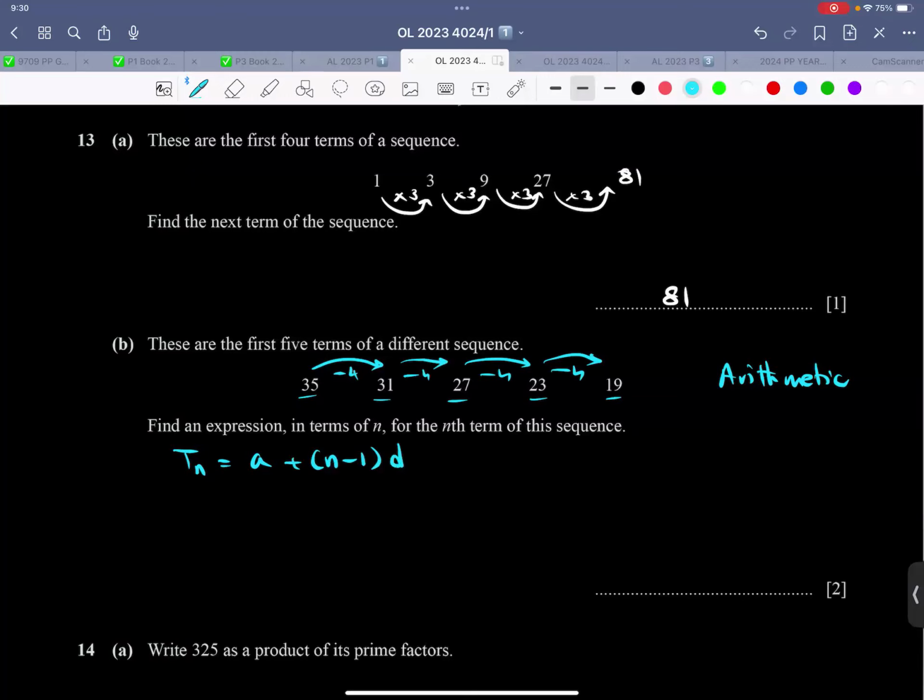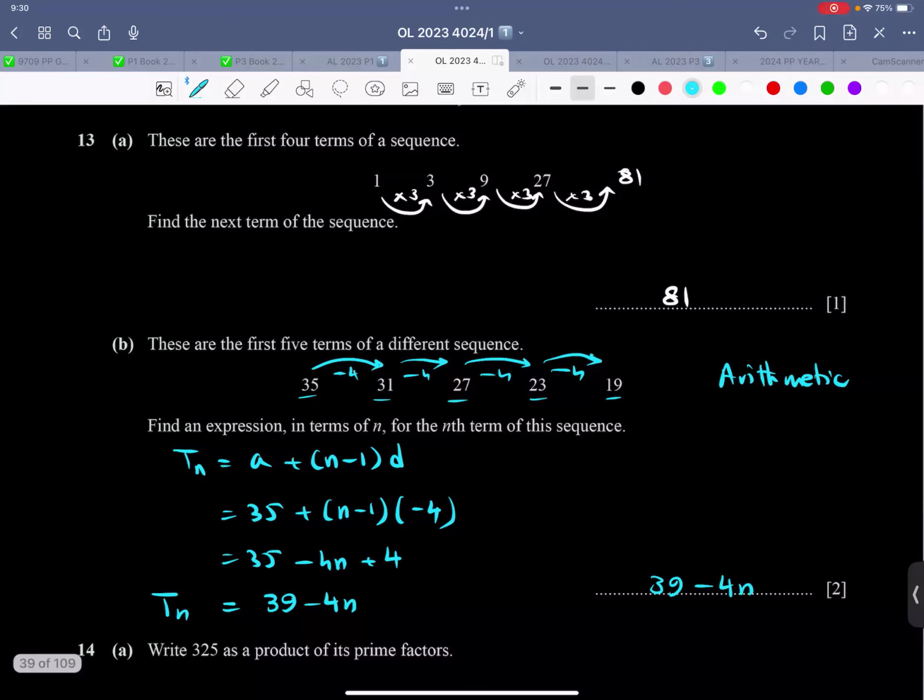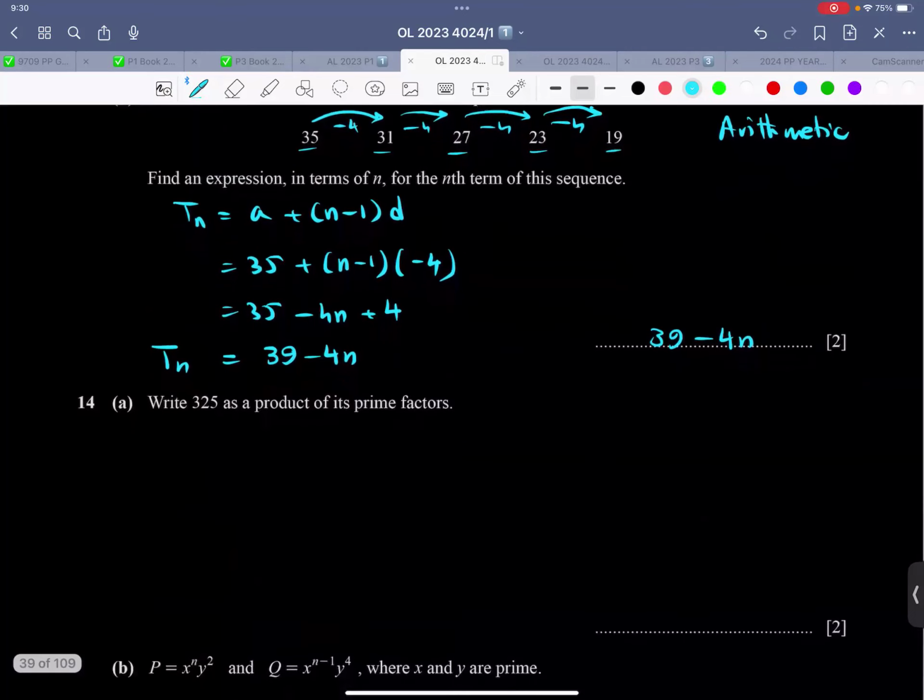The common difference is -4. a is 35. So 35 plus (n minus 1) into -4. This is 35 minus 4n plus 4. This is 39 minus 4n. That is Tn. So this is 39 minus 4n. That is the expression for the sequence.